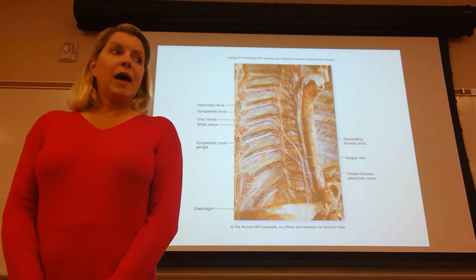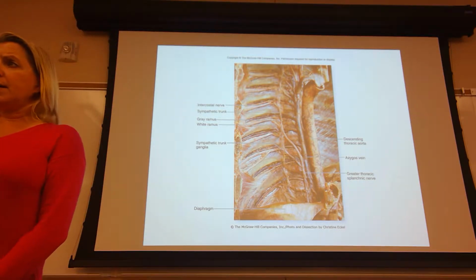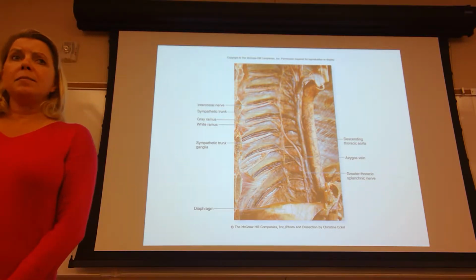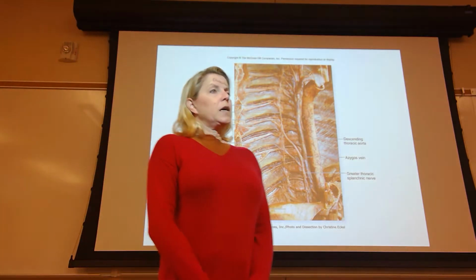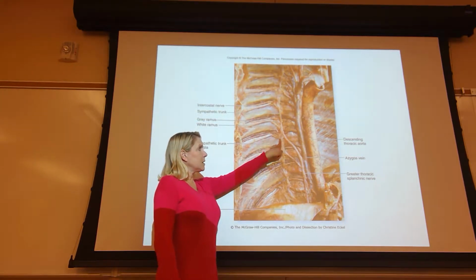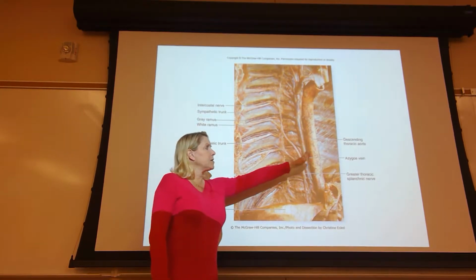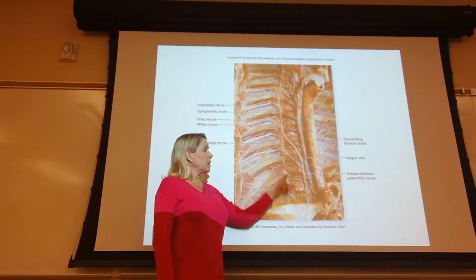Sympathetic ganglia are found in either paravertebral or prevertebral ganglia. Para means next to, pre means before. Paravertebral ganglia are shown here in this picture. These are the sympathetic ganglia that are next to the vertebral column. They are part of the sympathetic trunk.